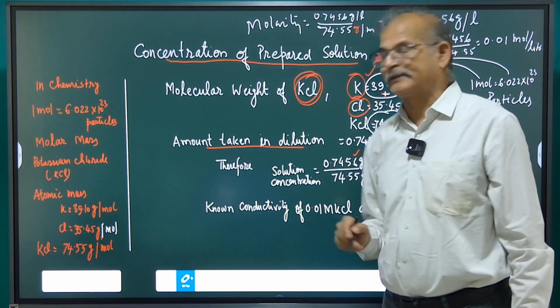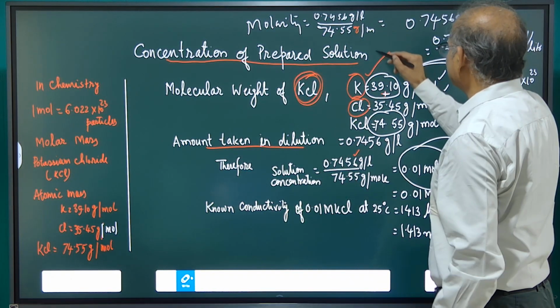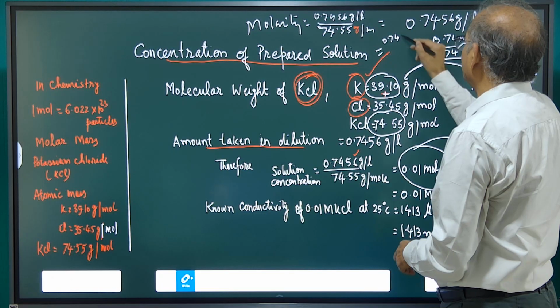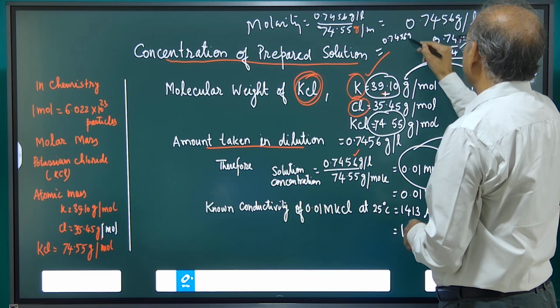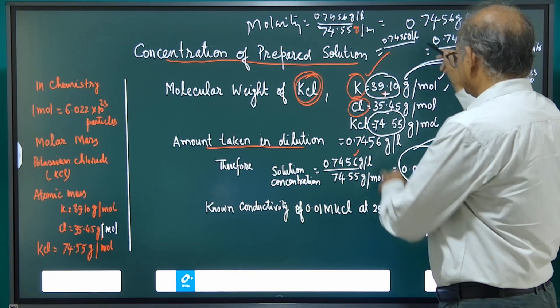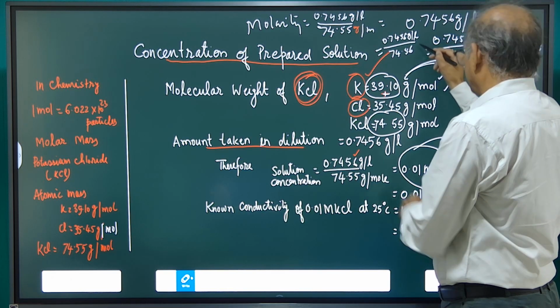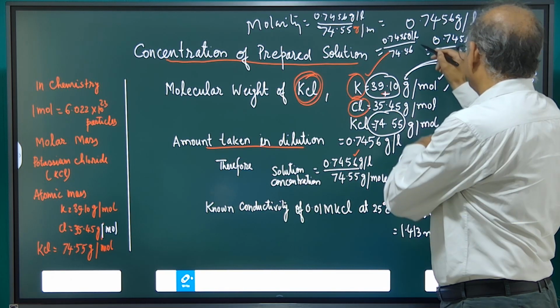To know the molarity of this solution, we divide 0.7456 gram per liter by 74.55 gram per mole.